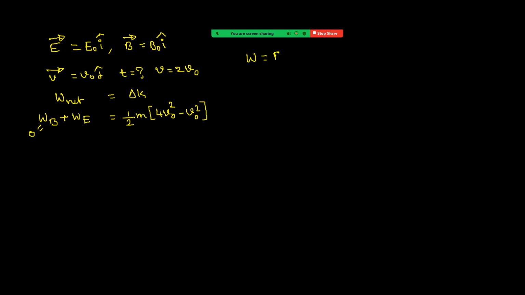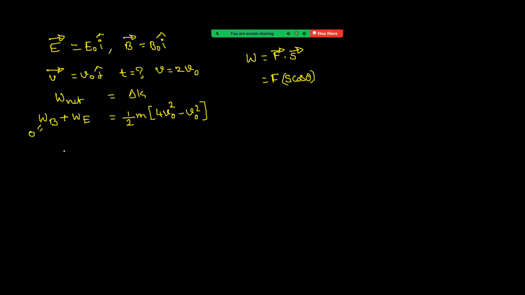If a force is constant, it is directly F bar dot S bar, or multiplying the magnitude of the force with the component of displacement along the force. So here S cos theta stands for the component of displacement along the force.